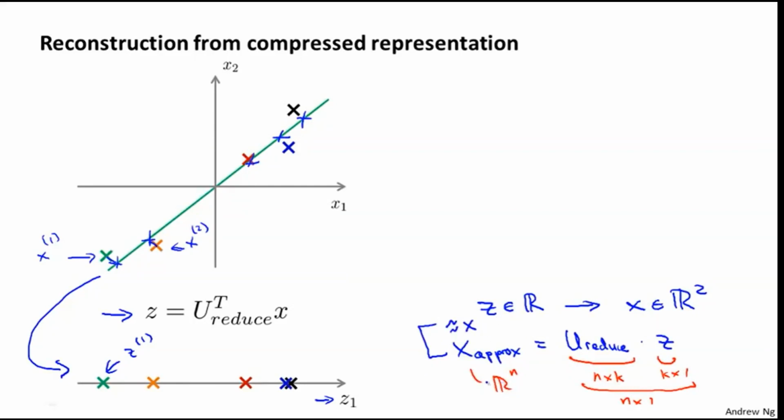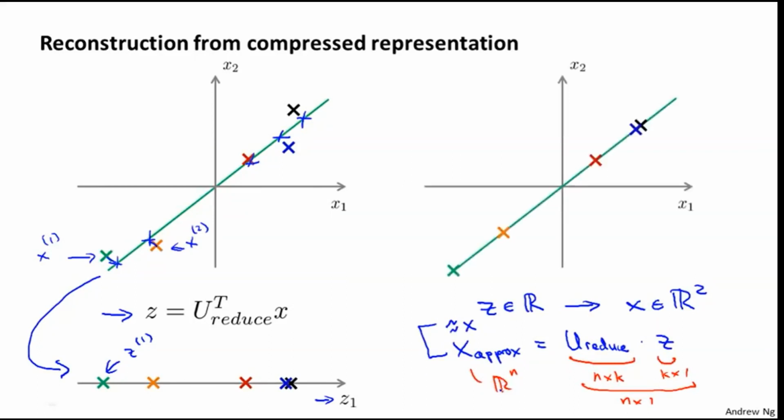To show a picture of what this looks like, this is what it looks like. What you get back from this procedure are points that lie on the projection onto the green line. So to take our earlier example, if we started off with this value of x1, and we got this value of z1, if you plug z1 through this formula to get x1 approx, then this point here would be x1 approx, which is going to be in R2.